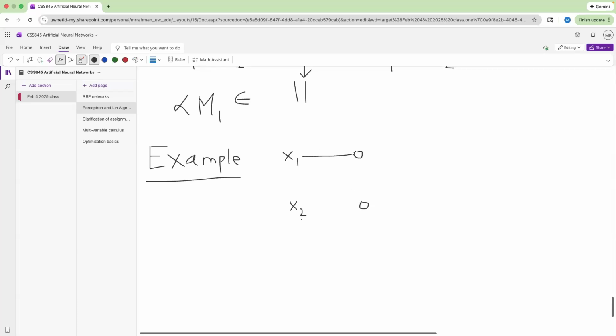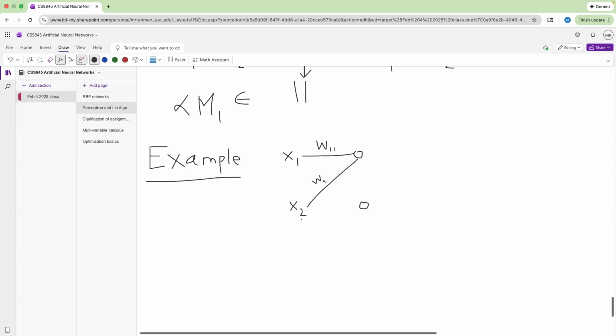I'm going to add some notation. This is a hidden layer unit. You can think of it like a neuron or a perceptron, and we stack these together to form a neural network.